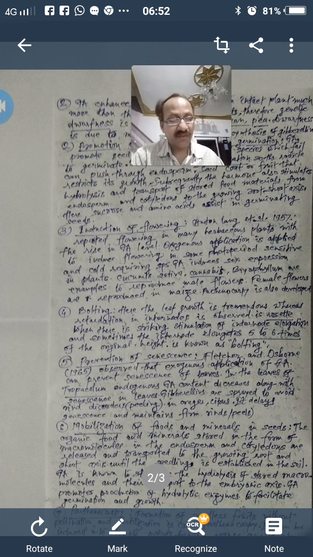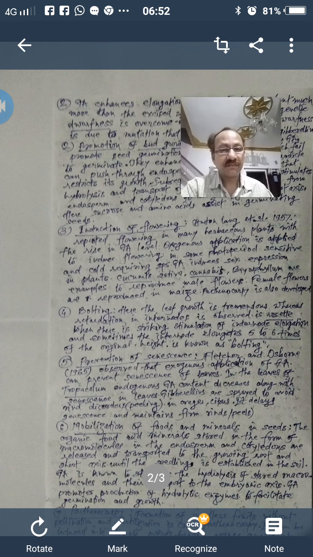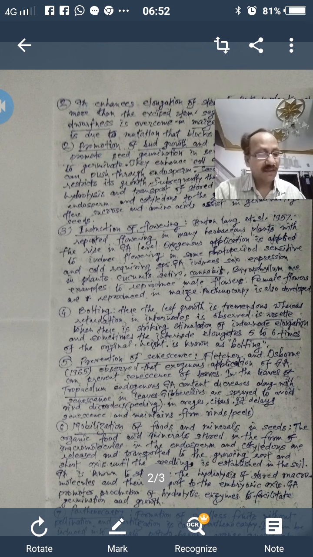Next, seventh, mobilization of foods and minerals in seeds. The organic food and minerals stored in the form of macromolecules in the endosperm and cotyledons are released and transported to the growing root and shoot axis until the seedling is established in the soil.